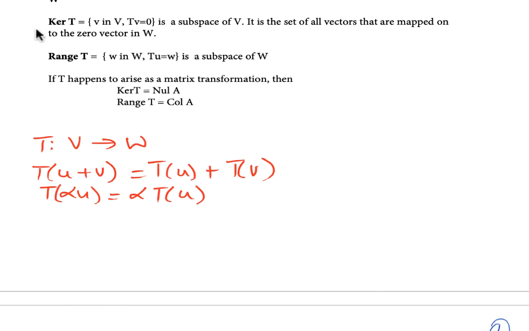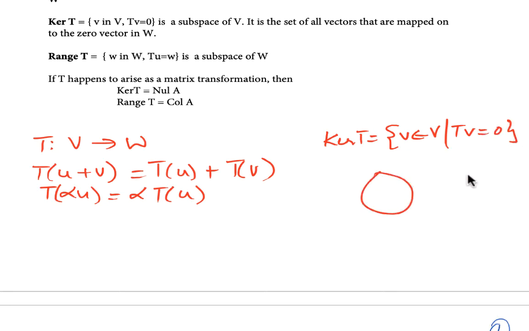Now, a very important part is the kernel of T and the range of T. The kernel of T is the collection of all those vectors in V such that when T acts on v, it goes to the zero vector in W. We can think of this as a linear transformation between two vector spaces.